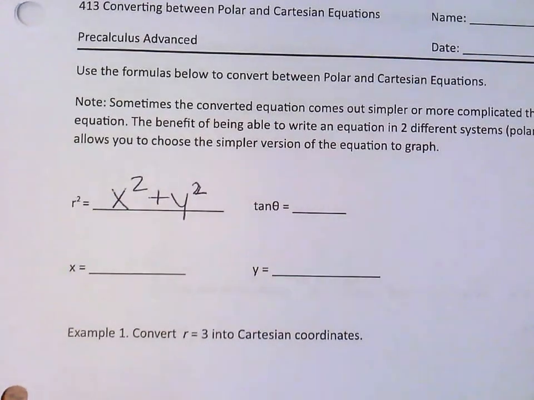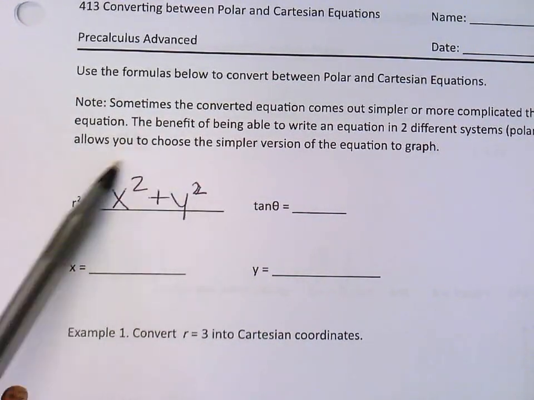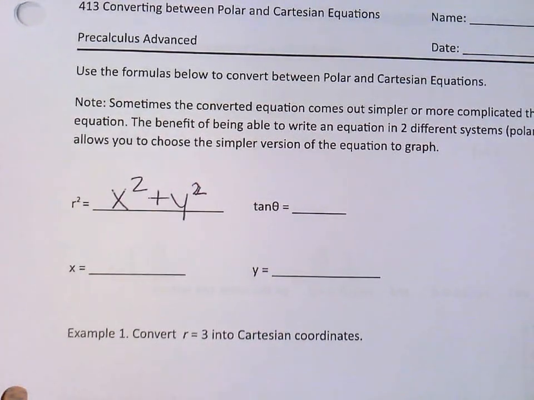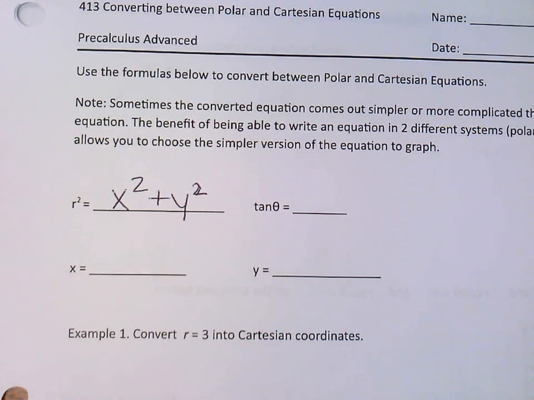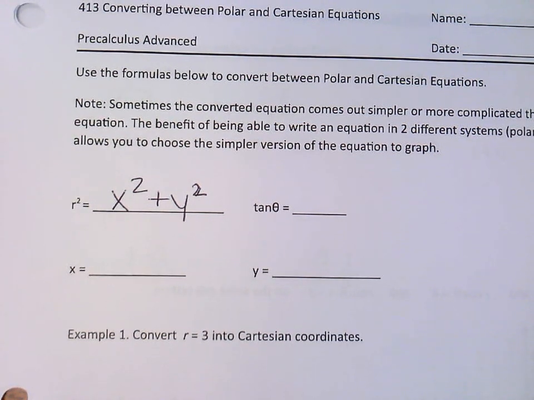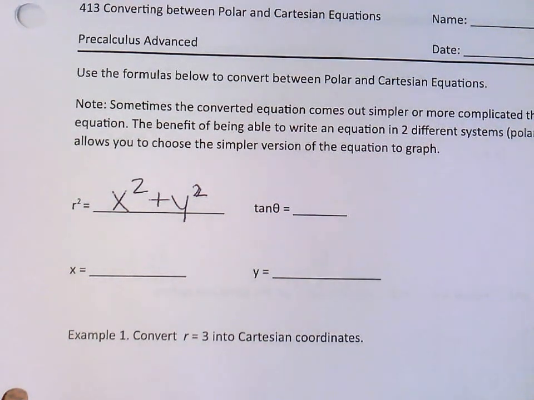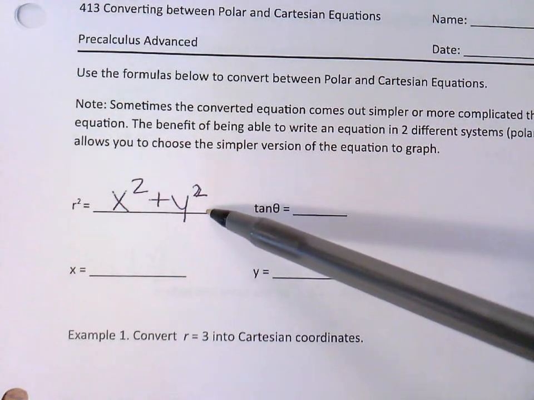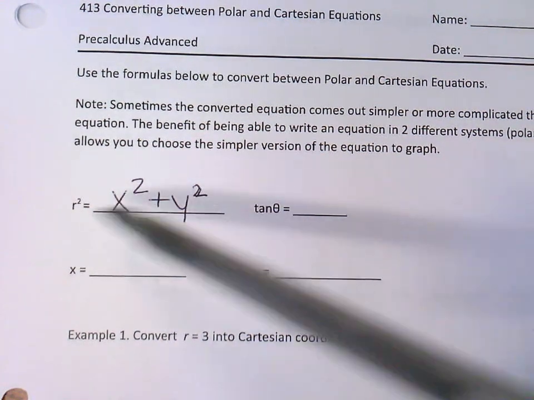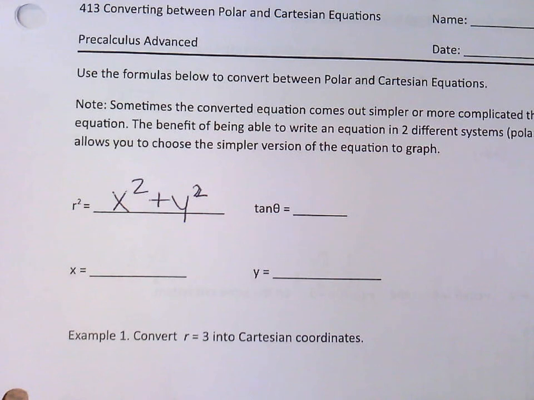Isn't it interesting that in our study of conics, x squared plus y squared equals r squared is the formula for a circle, right? So it directly links writing something in polar with writing something in rectangular. We just studied the equation of a circle. When we did a circle, we just wrote it in the reverse order. X squared plus y squared equals r squared.